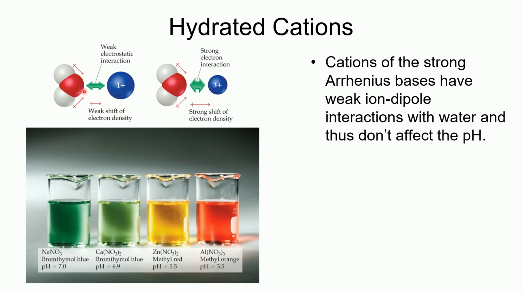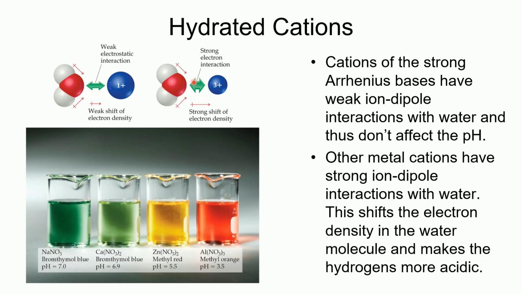There is an ion-dipole interaction, but it's relatively weak, and that weak interaction does not cause any significant shift in the electron density and does not do much to the pH of these solutions. We'll find that with the other metals, they have a very strong interaction.